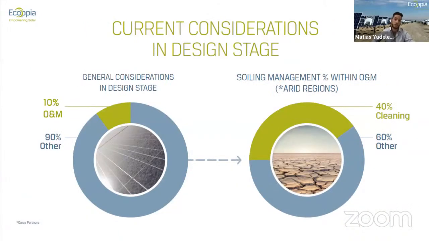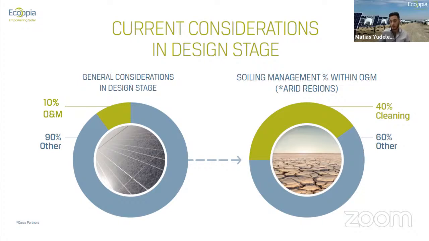So which are the considerations nowadays, in rough terms, that are being weighed in terms of design? We can see that the bulk of it, 90%, is obviously most of the things that Enric mentioned, such as topography studies, legal compliance, accessibility, irradiation measures, and so on. And only 10% of the considerations are operation and maintenance, which is obviously the sector that we worked on, and more particularly in soiling management.